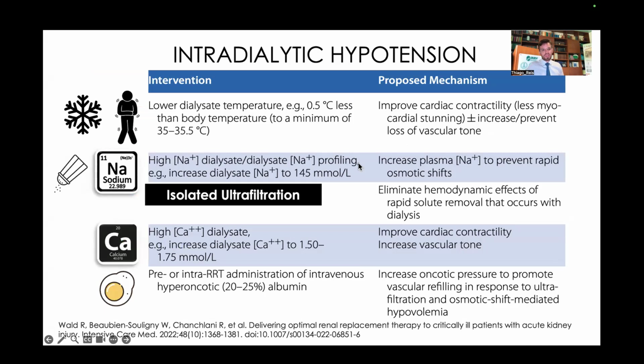And there are some strategies to reduce the risk of intradialytic hypotension, so reduce the risk of hypoperfusion, and this would include reducing the dialysate temperature to 35 degrees Celsius or increasing the sodium concentration up to, for example, 145, or respecting a gap of 6 or 8 between patient sodium and the maximum sodium for the dialysate.